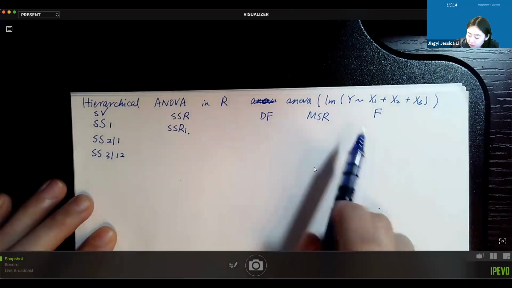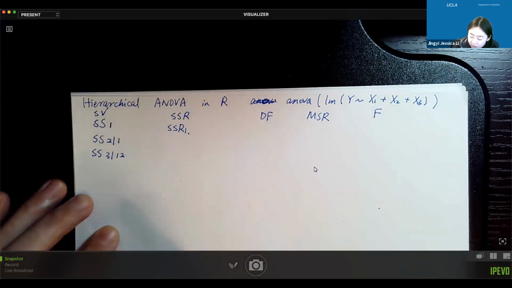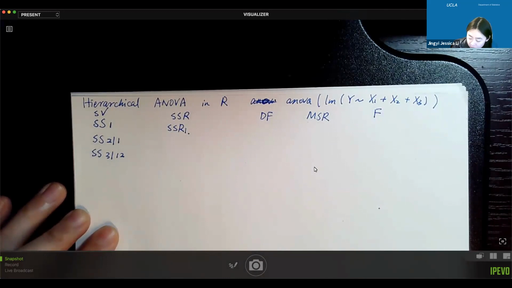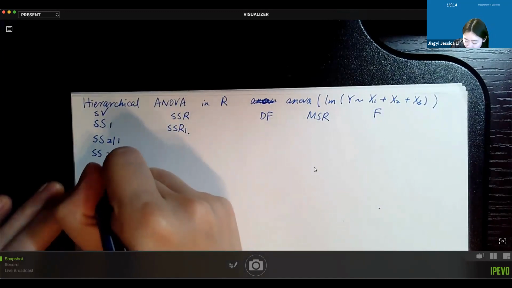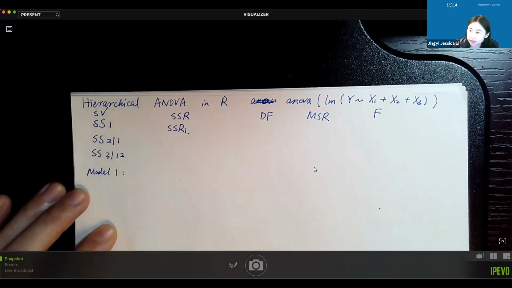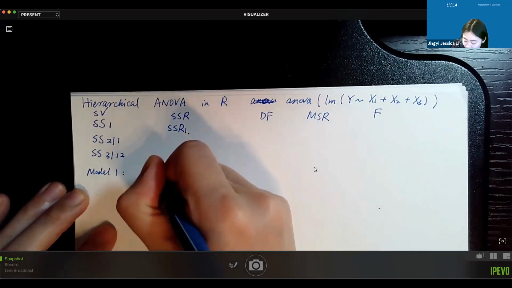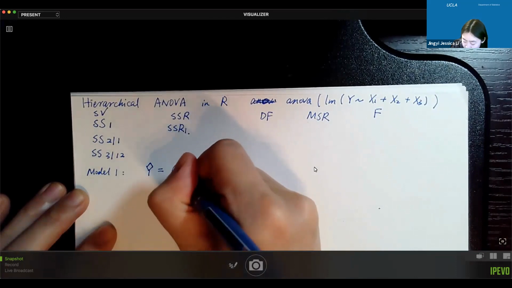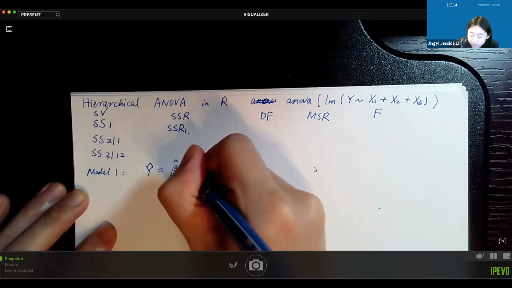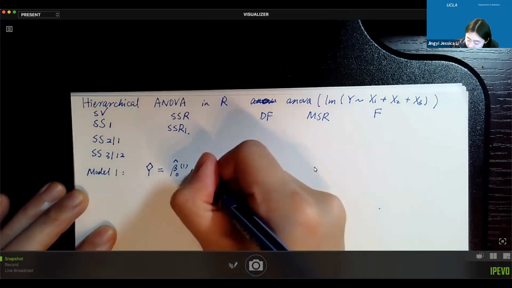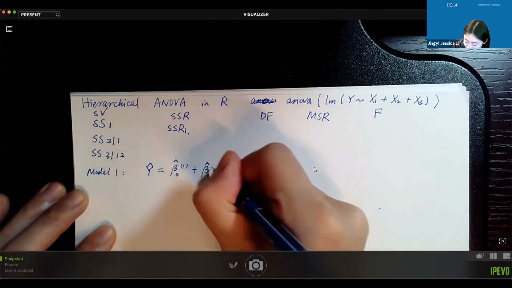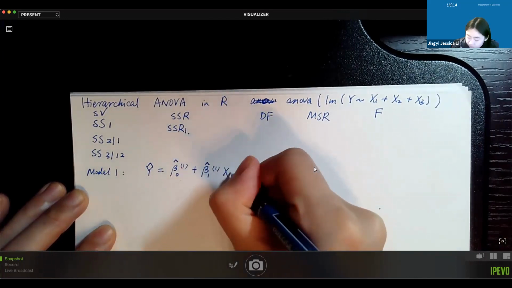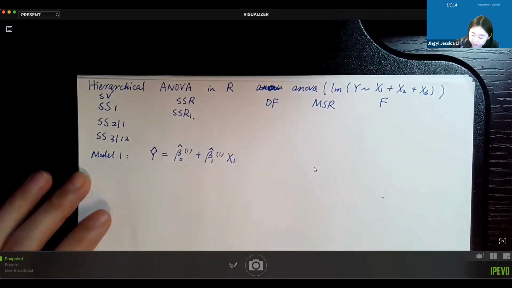If we think of the model, actually in this hierarchical ANOVA, we will have 3 models. The model 1 is to have x1 as the only predictor. So let's just write the fitted model as y hat equals beta 0 hat 1, where 1 means model 1, plus beta 1 hat 1 x1. That's our fitted model 1.